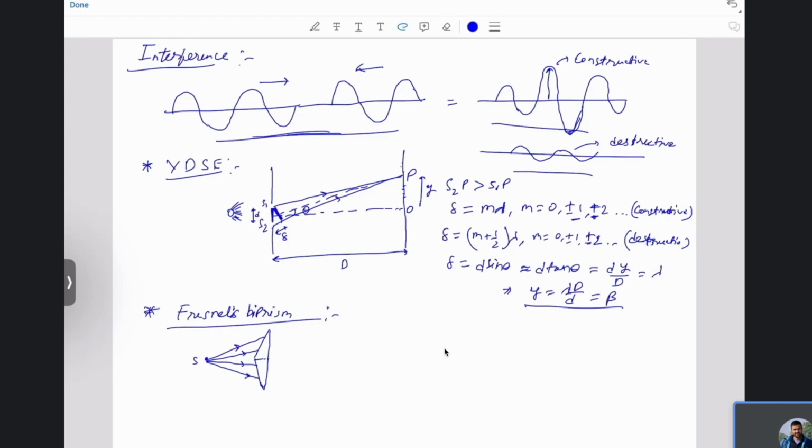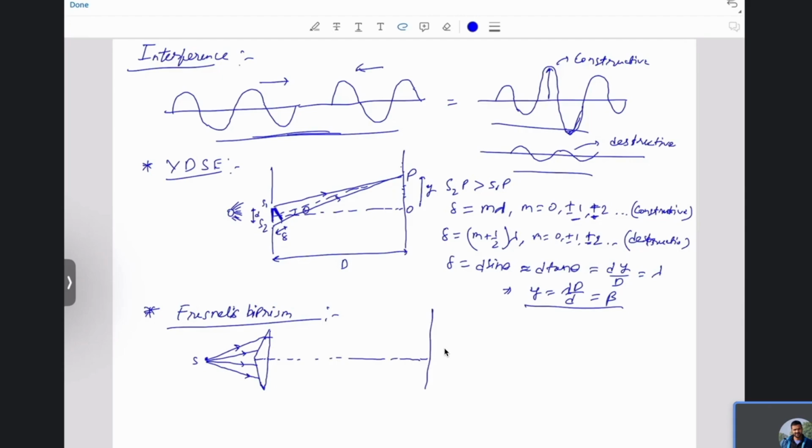Now we know that what prisms do is deviate the path of the light. So suppose this light will become straight. So this is the axis.